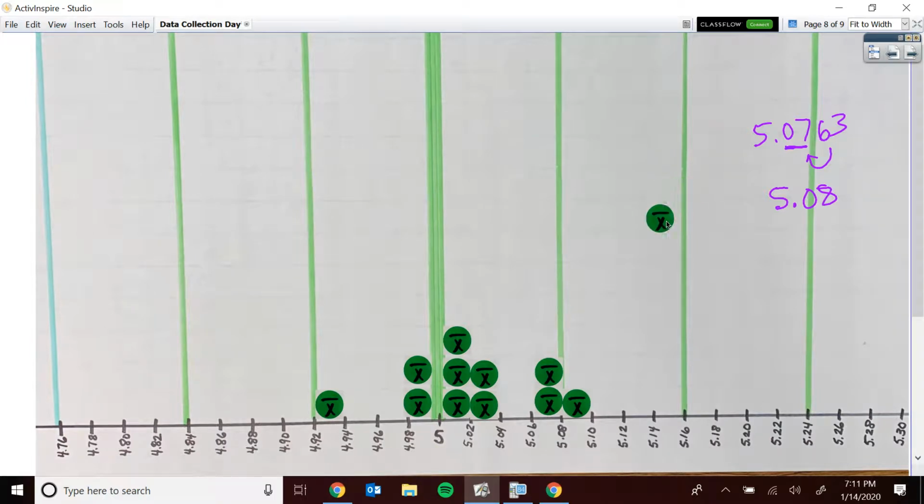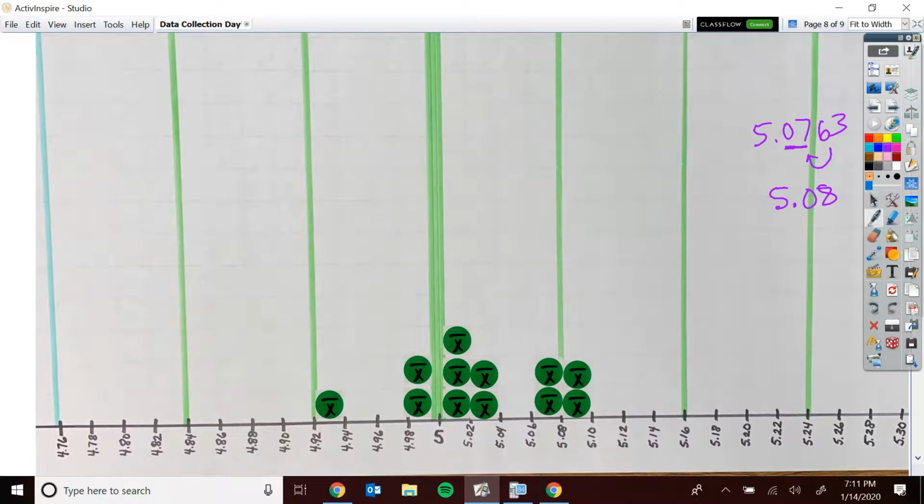I'm going to put my data here, to the right of 5.06, so see how this is the 5.08. Beside it is the 5.06.